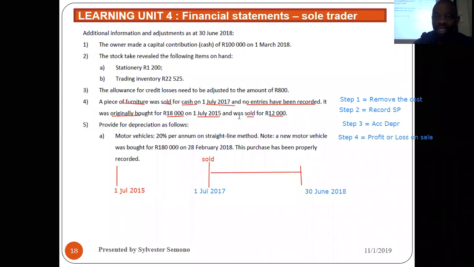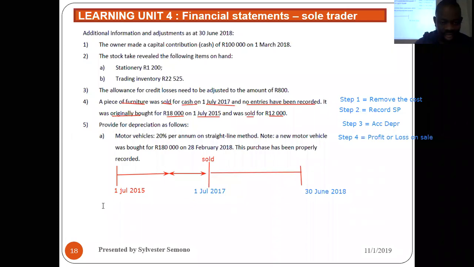So we're going to depreciate from here to there. That's what I'm going to do. So if you check, how many years there? 2 years. So we're going to depreciate for 2 years. So let's do the calculation quickly.